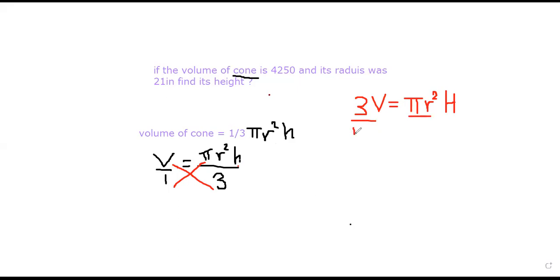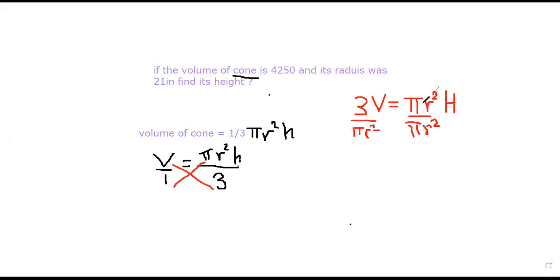So we will divide it by radius power 2, and the opposite side the same. We will divide it by radius power 2, and then we will cancel what?